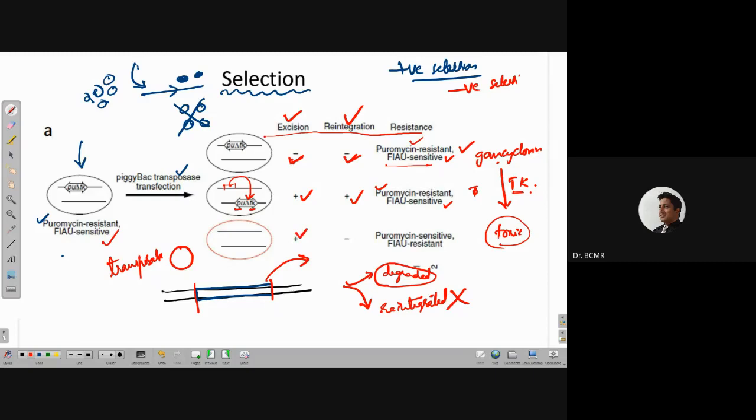If excision happened but integration did not happen, then they would be puromycin sensitive and FIAU resistant. So these are the cells that we are actually looking for.